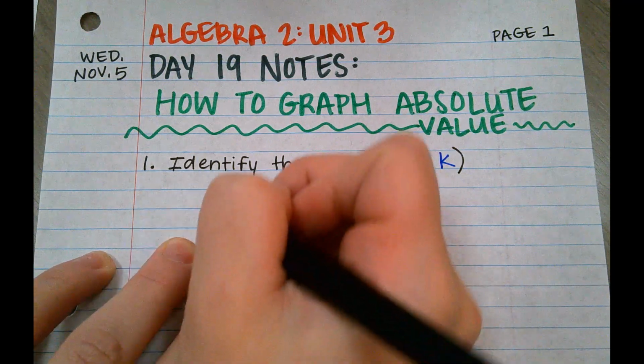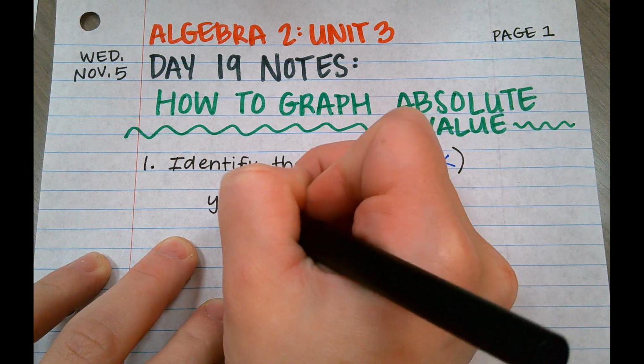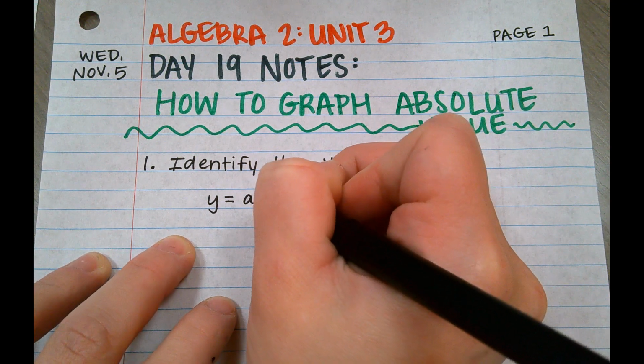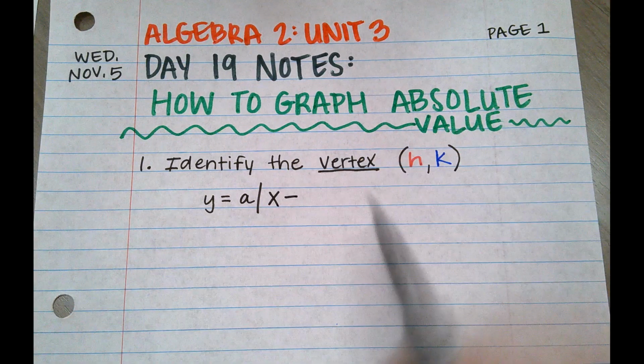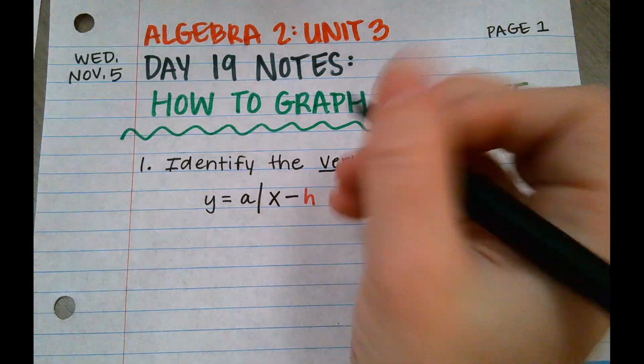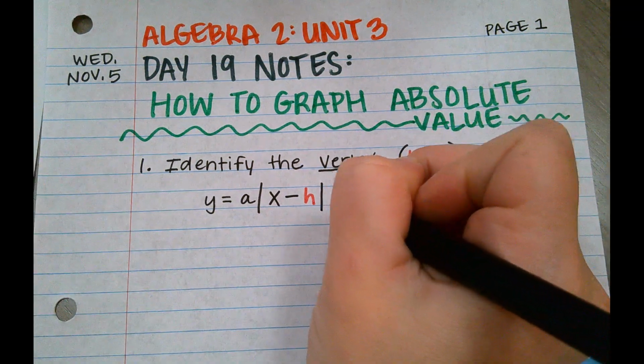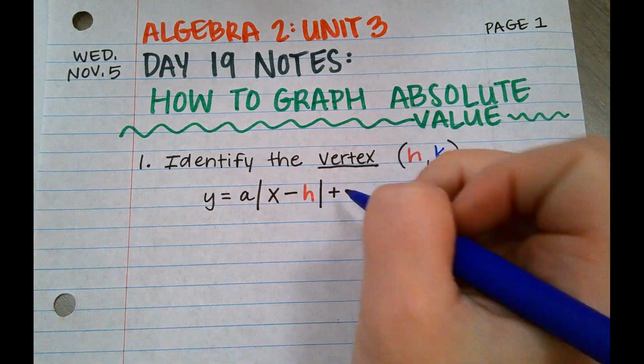So we have y equals A absolute value x minus red H plus blue K.